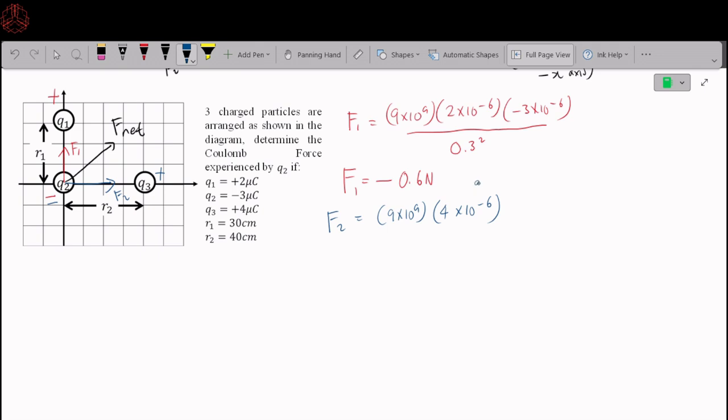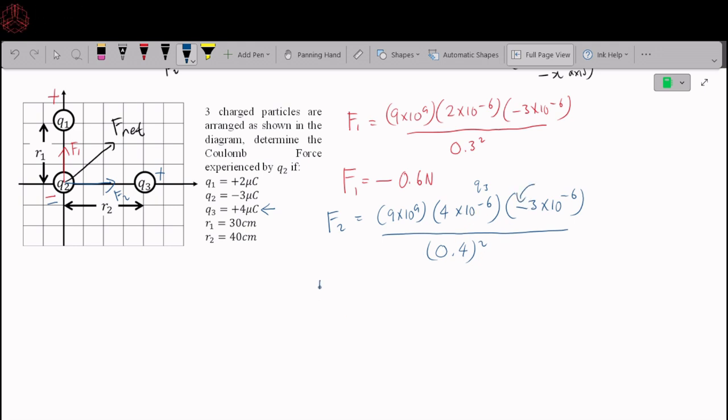We can repeat the same procedure as before, where we take Pythagoras' theorem and input the values, but bear in mind that when you square a negative value you have a positive value, so its magnitude is going to remain positive. That means the F net is still going to be 0.75.